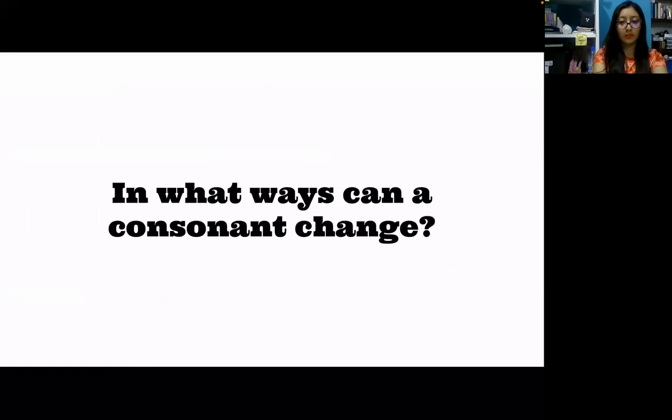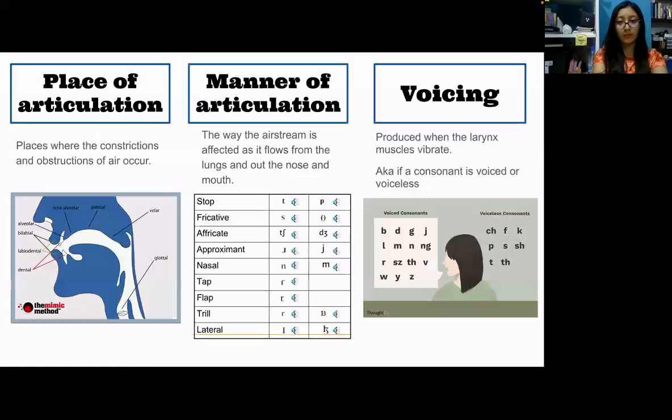Okay, so in what ways can a consonant change? In order to see this, let's remember very quickly what is place of articulation, which is the places where the constrictions and obstructions of the air occur. The manner of articulation, the way this airstream is affected as it is flowing from the lungs to the nose and the mouth.